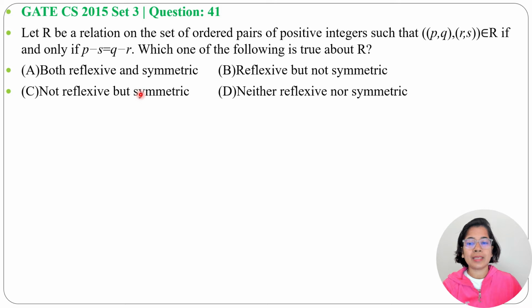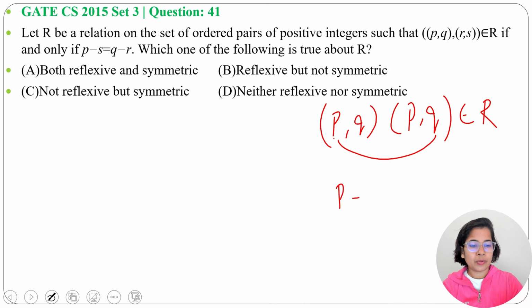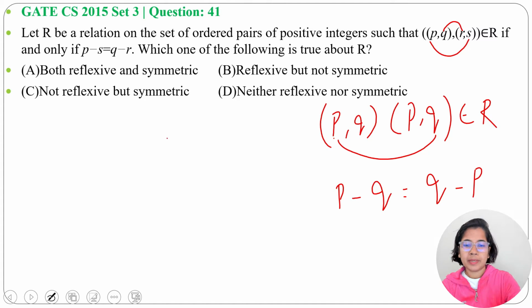The options ask whether the relation is reflexive or symmetric. Let me first check whether the relation is reflexive. For reflexive, (P, Q), (P, Q) must belong to R. That happens when P minus Q equals Q minus P. Here P minus S equals Q minus R. So just for example, let me take (2, 3), (2, 3).